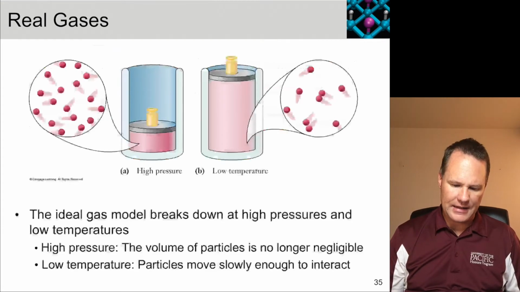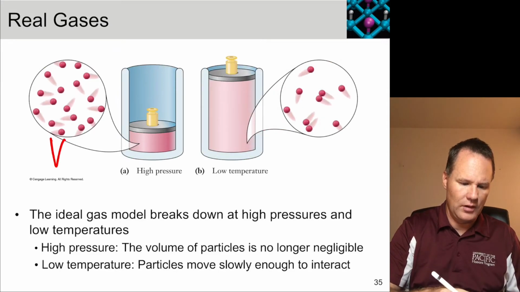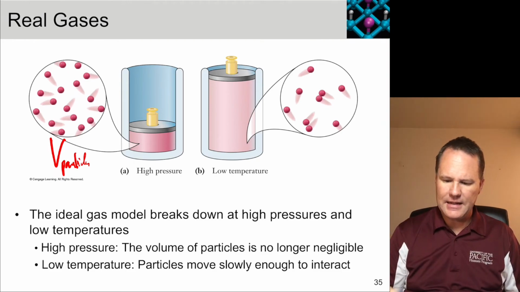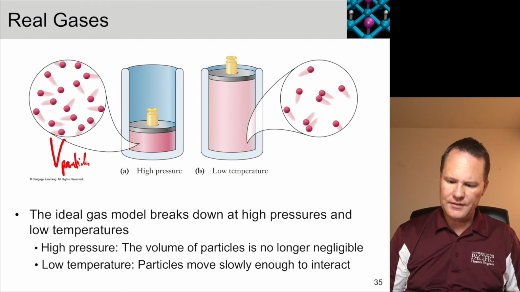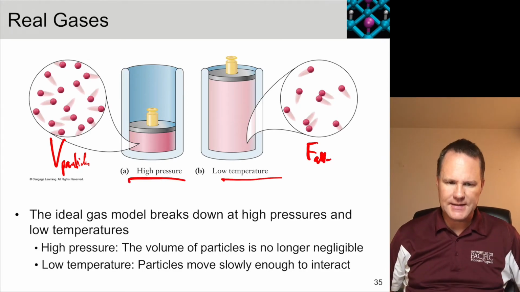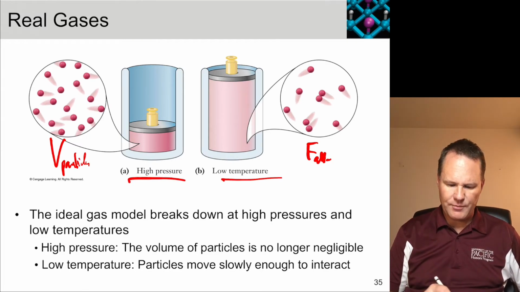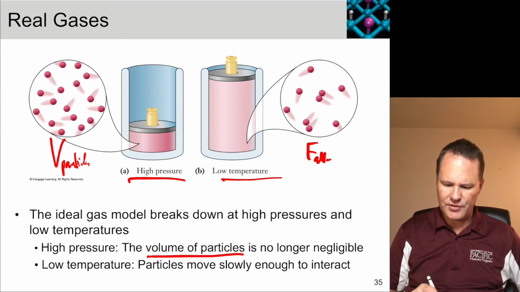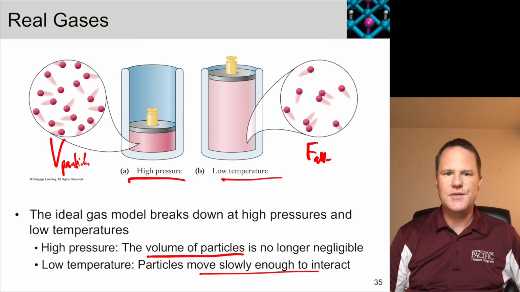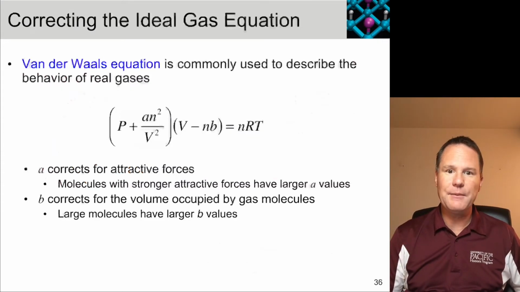At high pressure, because of the individual volume of the particles, and then at low temperatures, because of the attractive forces between the particles. So high pressure and low temperature is when these come most importantly into play. Again, high pressure because of the volume of the particles, and low temperatures because now their kinetic energy is smaller compared to the interaction energies.